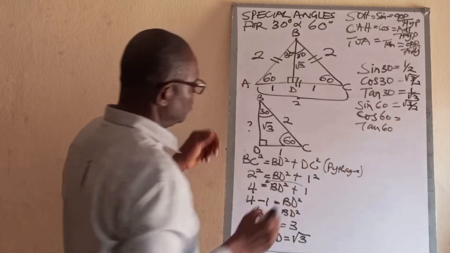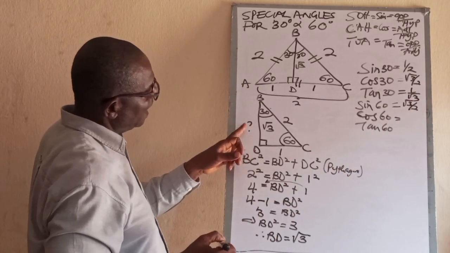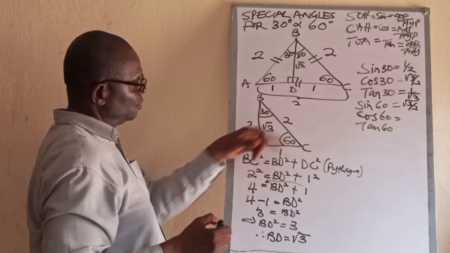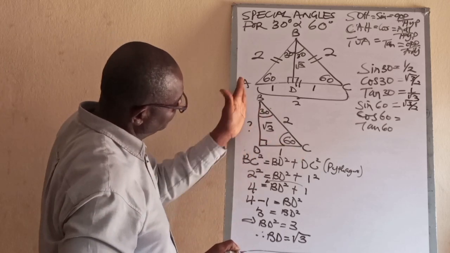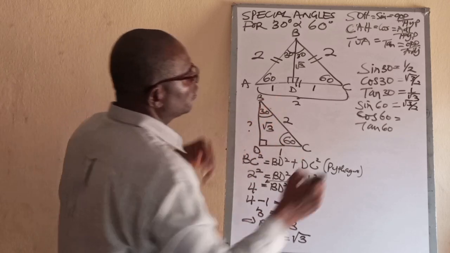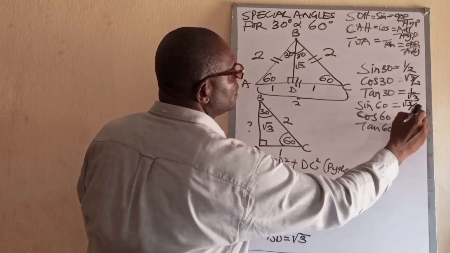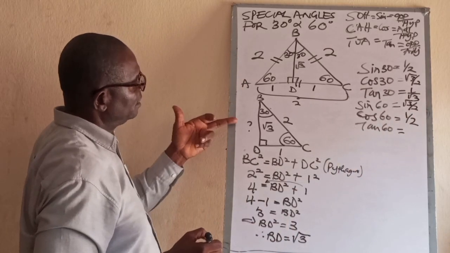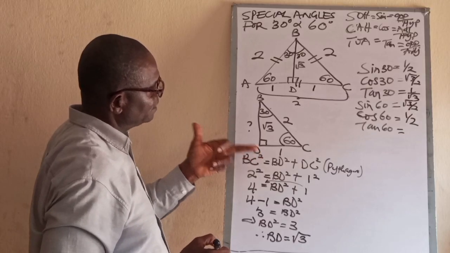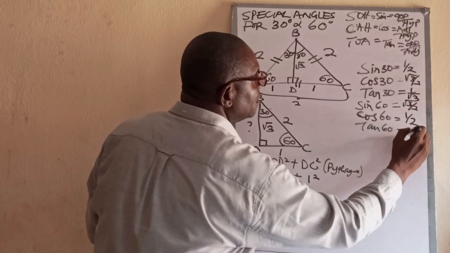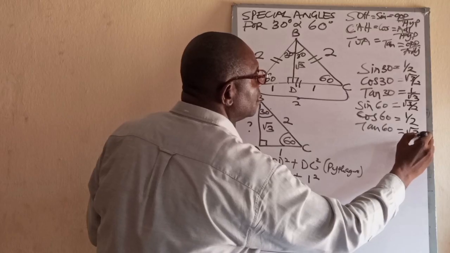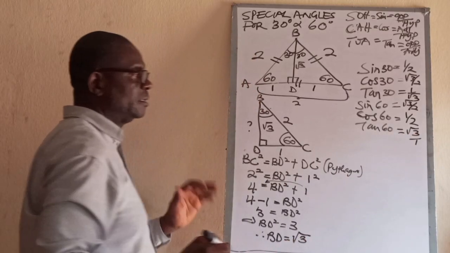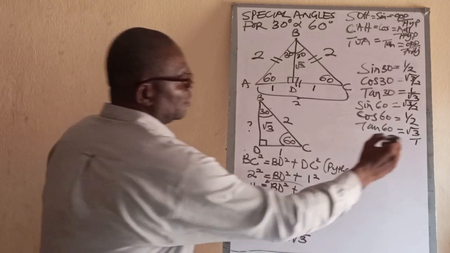Then cos 60 is adjacent over hypotenuse. Adjacent is DC, so cos 60 is 1 over 2. Then tan 60 is opposite over adjacent, root 3 over 1, which is naturally root 3.